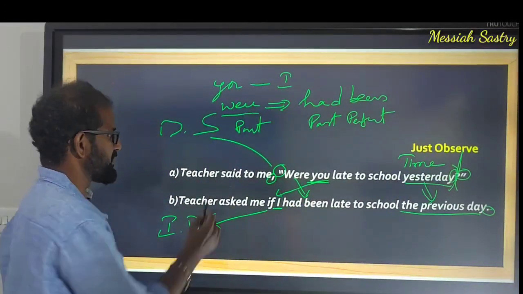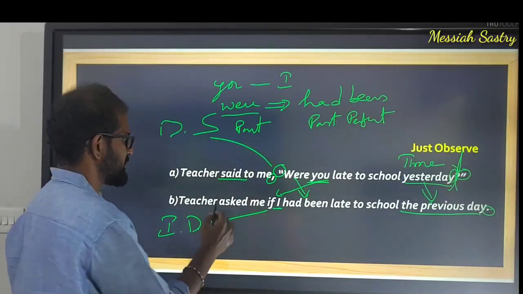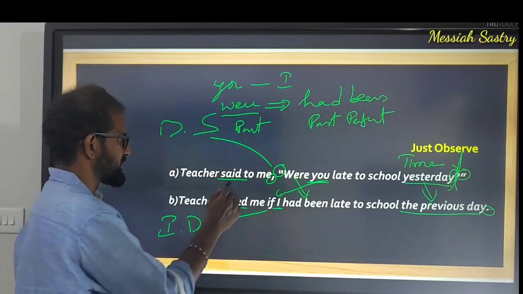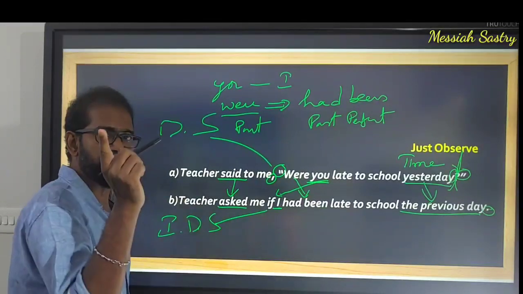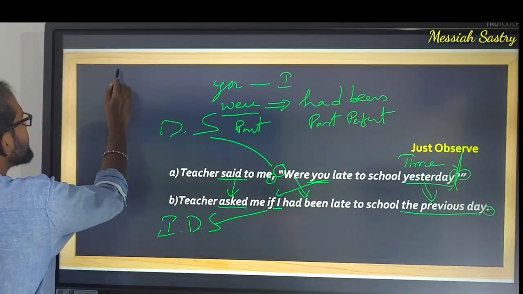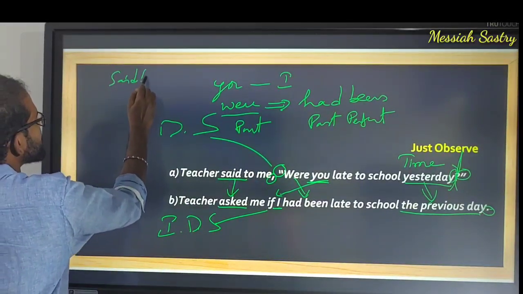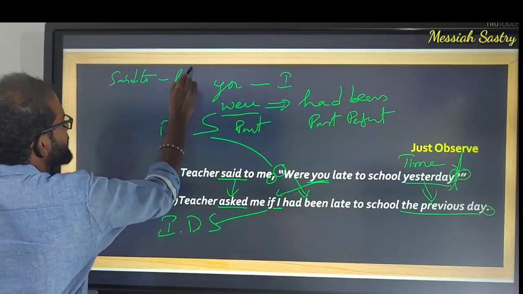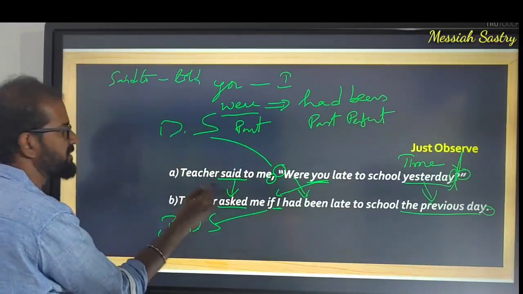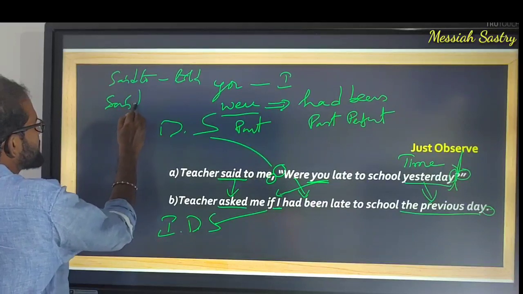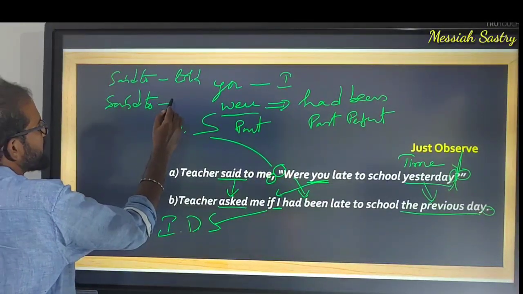Look at the reporting verb: "said," and here "asked." "Said" changed to "asked." In the previous example, "said to" changed to "told," and in this example, "said to" changed to "asked."